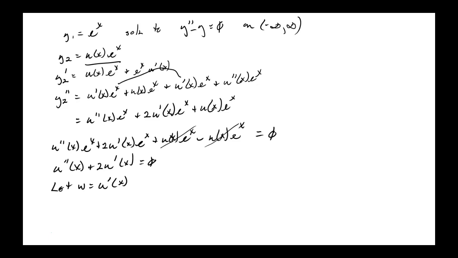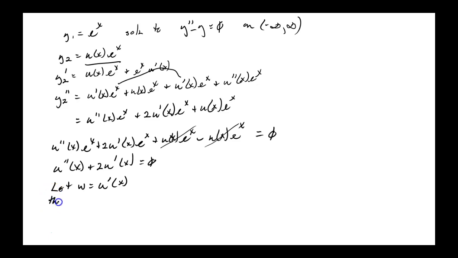So now we're going to let w equal u prime of x. The reason we're doing that is because we now no longer have the u term here. And we factored out the e to the x because it's never 0. It's always positive, so you can factor it out and divide it out. Let w be u prime.